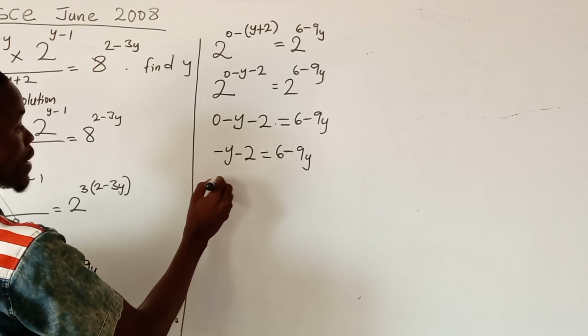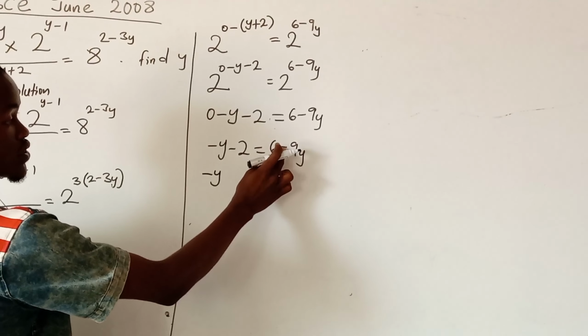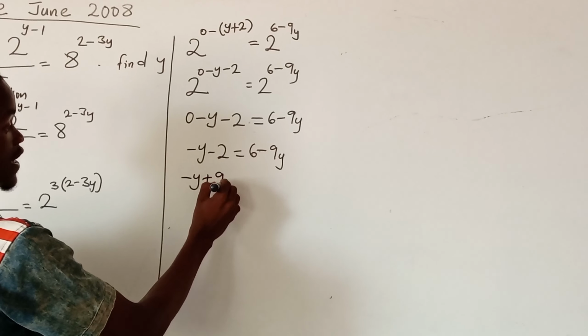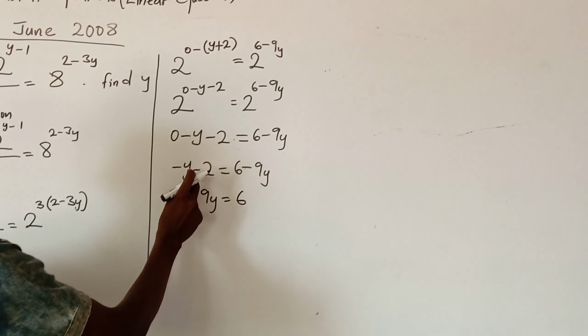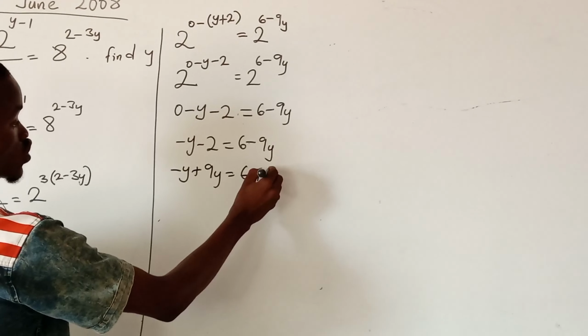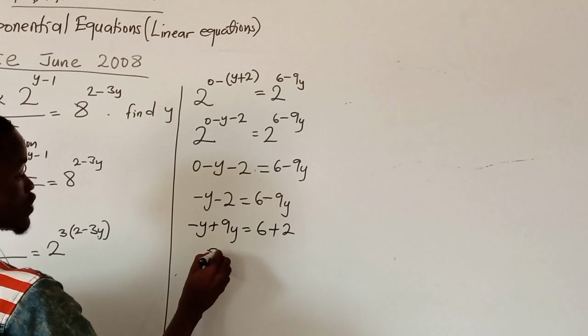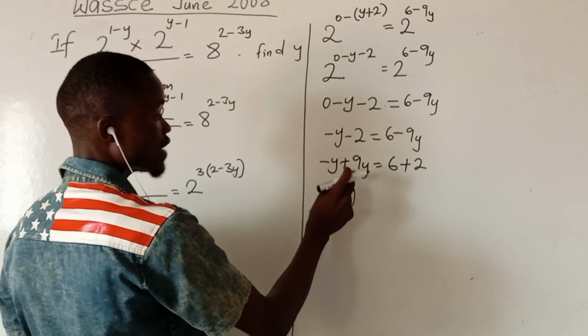Minus y, you transpose, so the sign of this minus 9y changes to plus 9y, and it equals 6. This minus 2 also changes to plus 2. So minus y plus 9y is 8y, because the bigger number carries the sign.